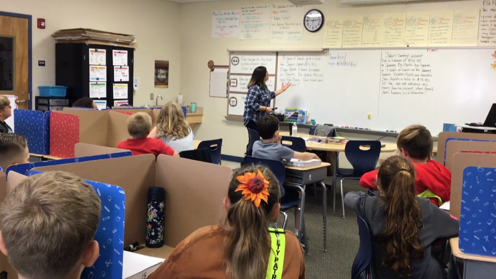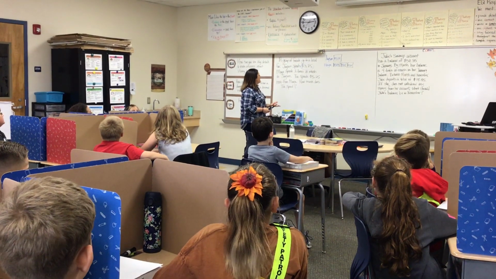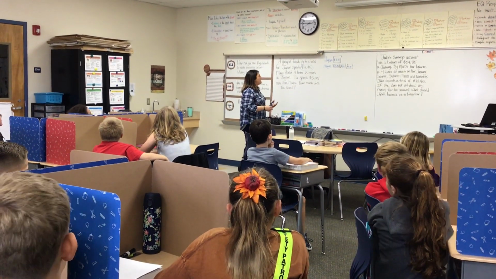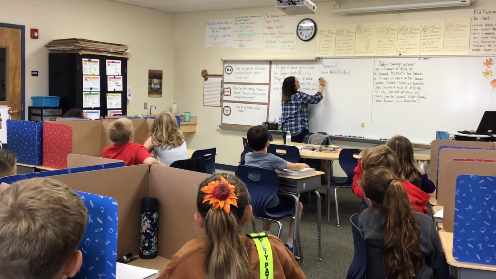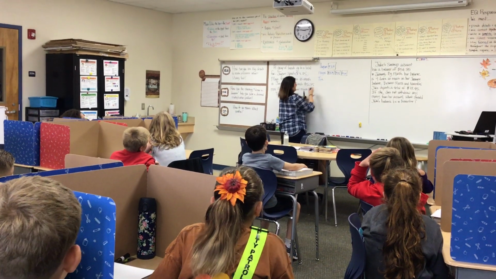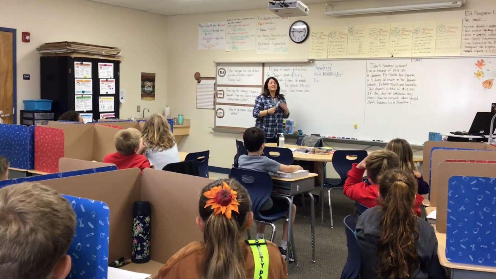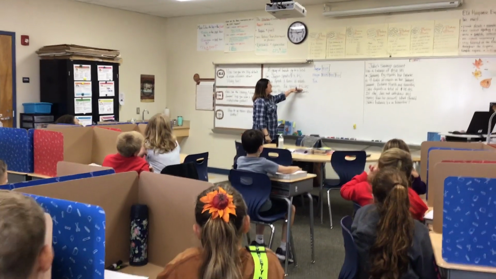I'm going to keep going throughout the word problem, and now it tells me that Tia has spent $5.25 more than Maya, which means she has definitely spent as much as Maya. Oops, it's not Taya, it is Tia. She has definitely spent as much as Maya and then an extra $5.25.